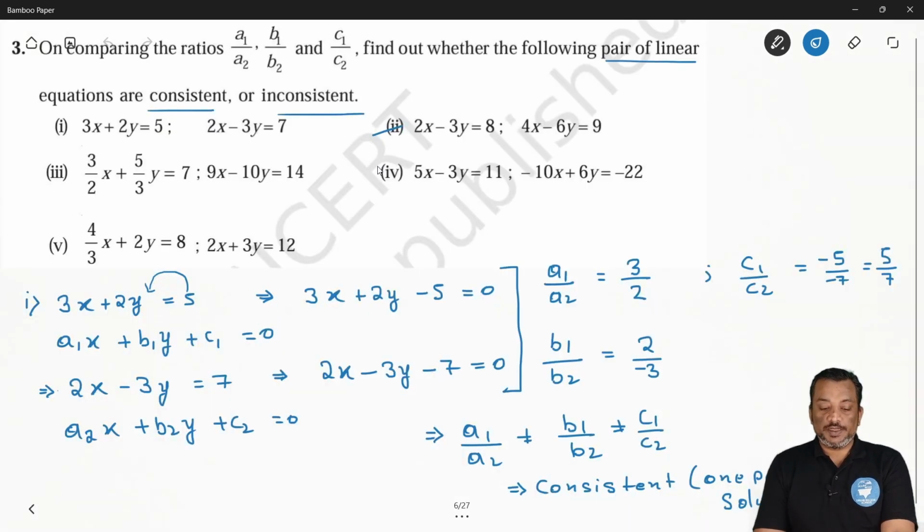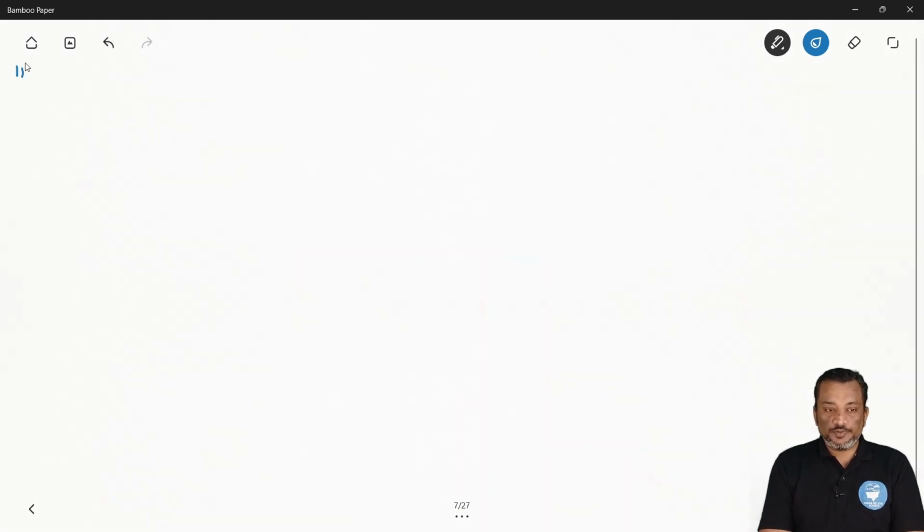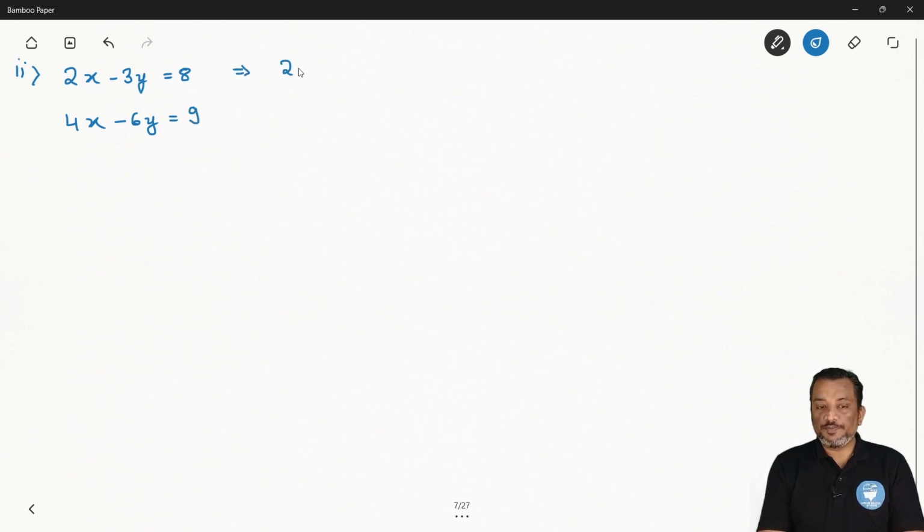So second equation, it is given 2x minus 3y is equal to 8 and 4x minus 6y is equal to 9. ठीक है, so let we solve the second equation. सबसे पहले हम दोनों इक्वेशन को स्टैंडर्ड फॉर्म में ले आएंगे. So 2x minus 3y minus 8 is equal to 0.